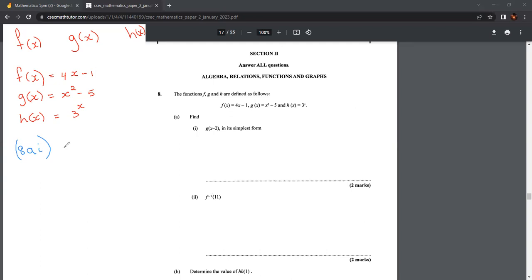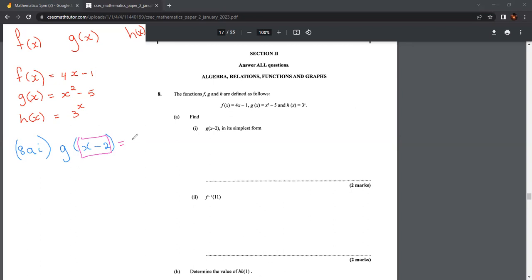So look at this one. They said, find g of x minus 2 in the simplest form. Now, this simply means wherever I had x in g of x, I'm going to substitute x minus 2.